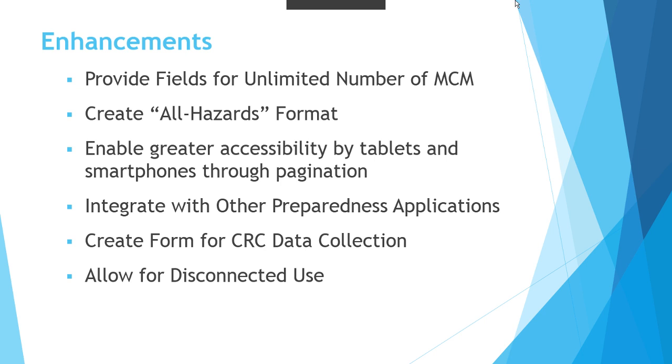I already talked about creating an all hazards format with the language, and we also anticipate trying to paginate the system, so rather than scrolling down a long form, we'll be able to have greater accessibility by tablets and smartphones with pagination and shorter pages.